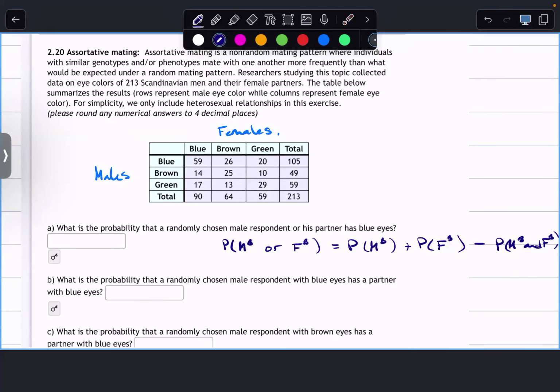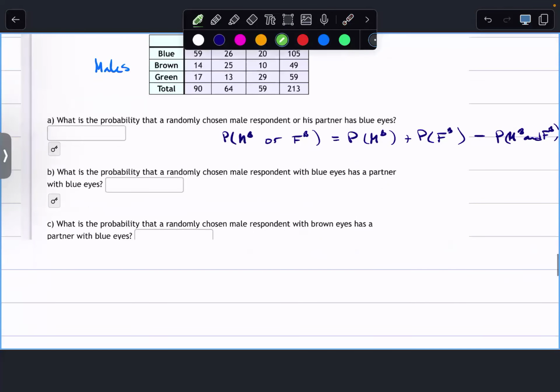And so this becomes 105 plus 90 minus 59. 105 plus 90 minus 59 is 136. It wants the probability. Now the probability is out of 213, so it's going to be 136 out of 213.